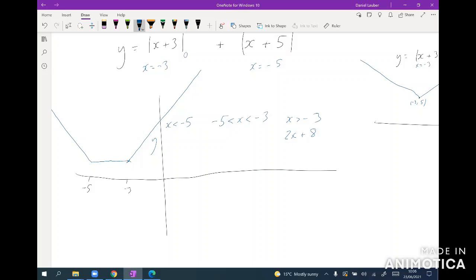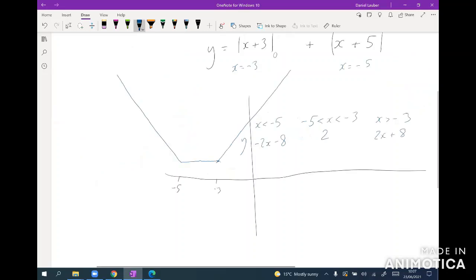The other one is x plus 5, and this new one is minus x minus 3. So that will just simplify into, I believe, just 2. So that's the value of the function between minus 5 and minus 3. And then for x less than minus 5, they're both just negative. So we know it's minus 2x minus 8. And so that's how you actually find what the functions are at each point.